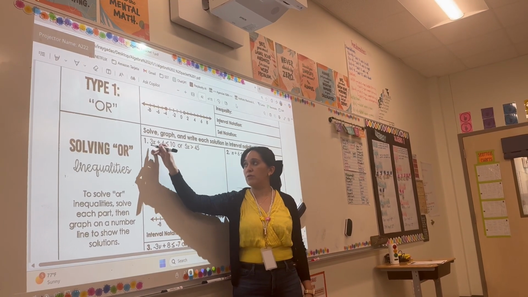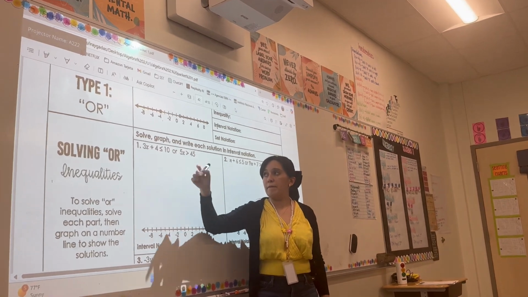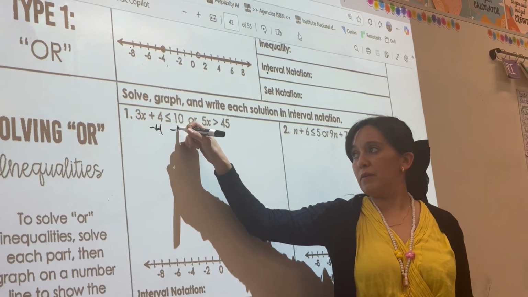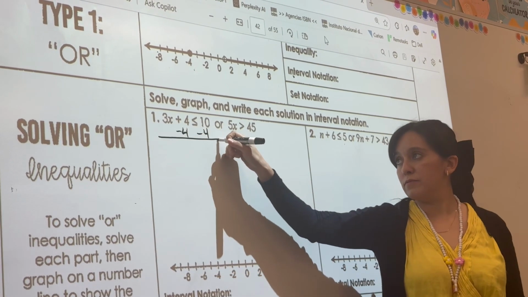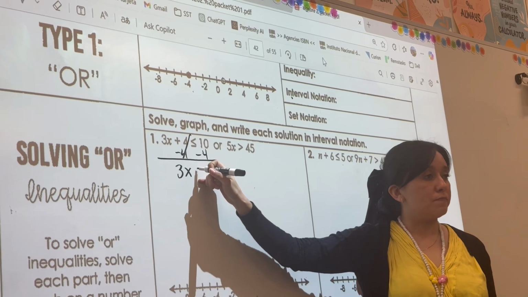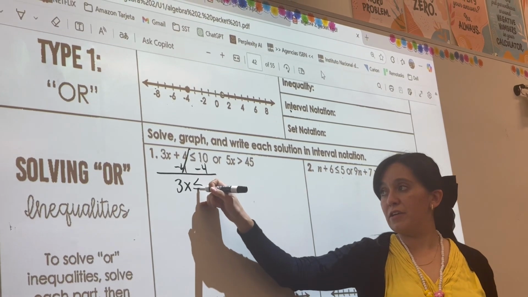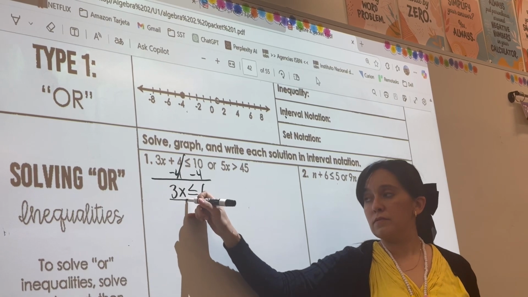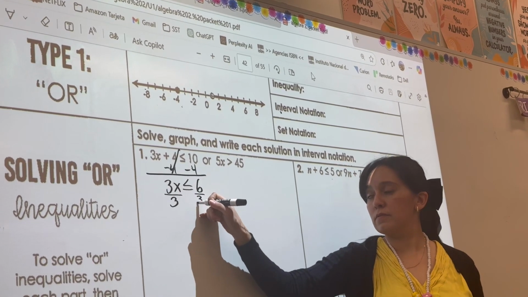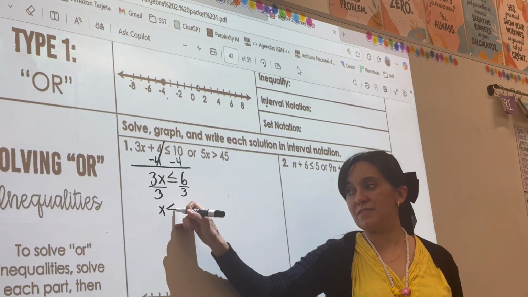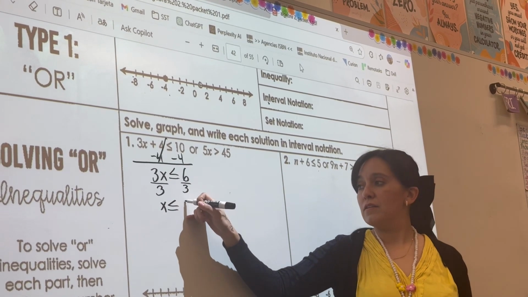Who can tell me what to do here? Minus 4 and minus 4, and what do I write down? 3x less than or equal to 6. Then divided by 3, and then x is less than or equal to 2.